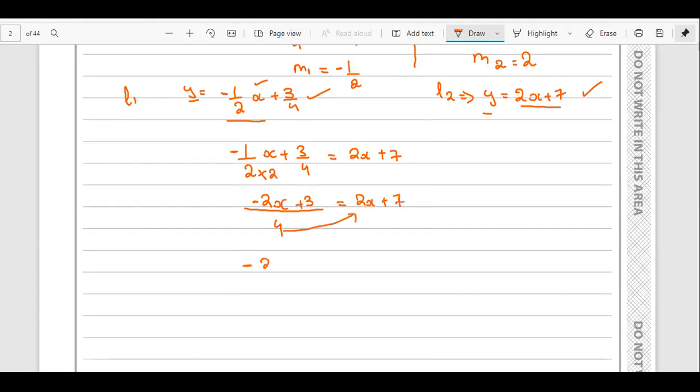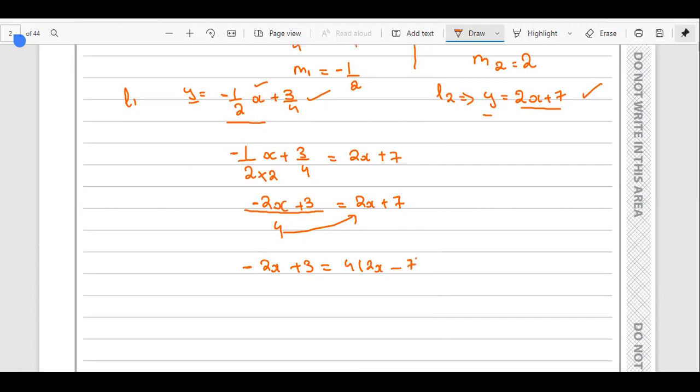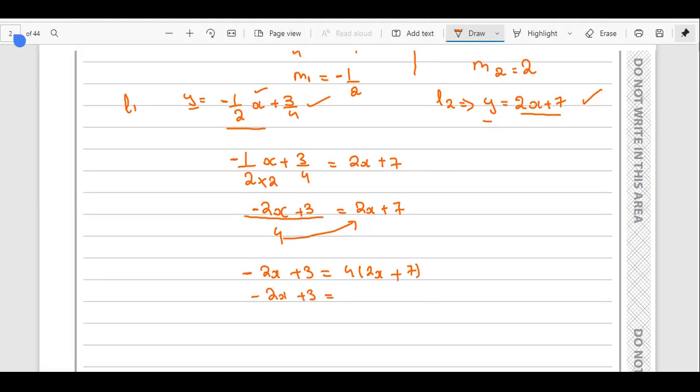So minus 2x plus 3 equals 4 into 2x plus 7, minus 2x plus 3 equals 8x plus 28, and I'll take 8 to this side and 3 to that side.